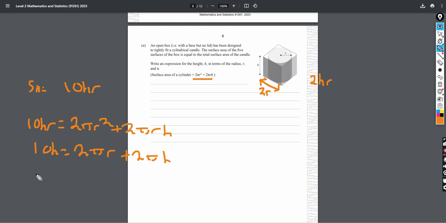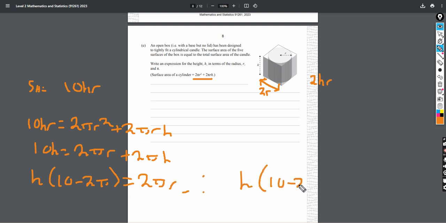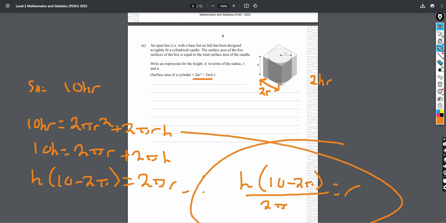Expression for h in terms of the radius, so h times 10 minus 2 pi equals 2 pi r, therefore h times 10 minus 2 pi divided by 2 pi is equal to r. That's the answer. Not too difficult, if I'm honest. You've got to recognise that this is 2r across, and then just use the given hint.